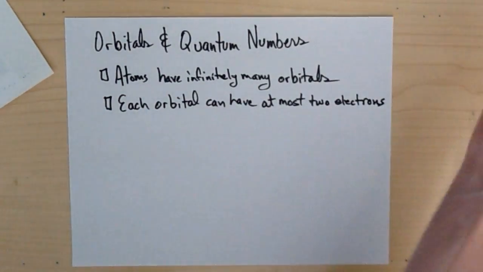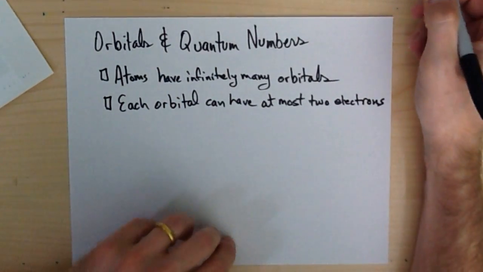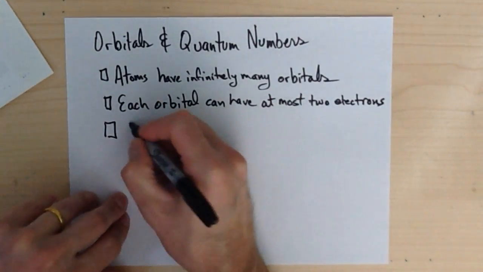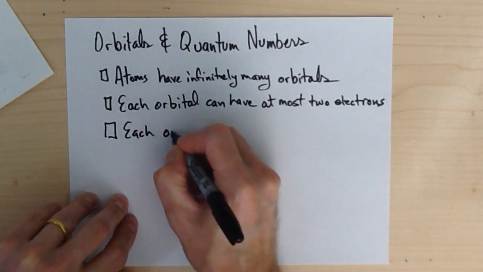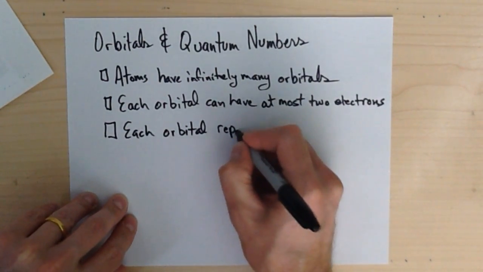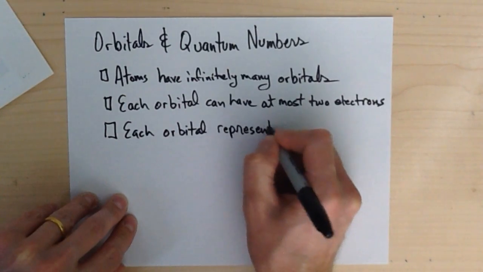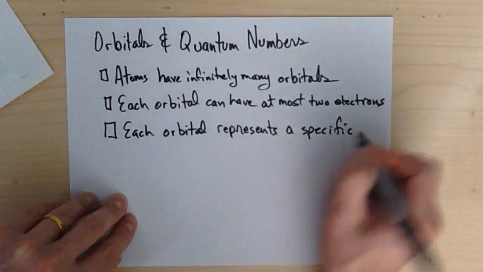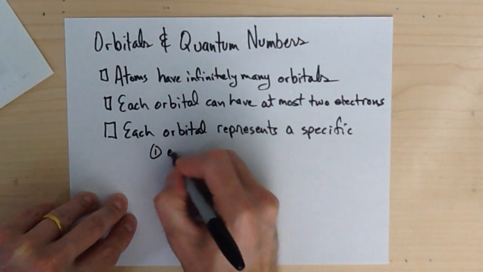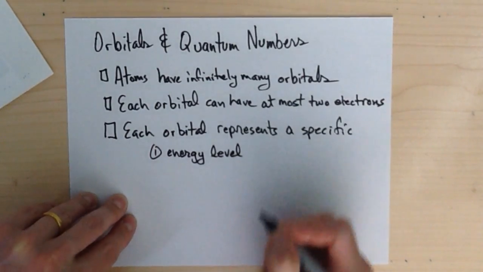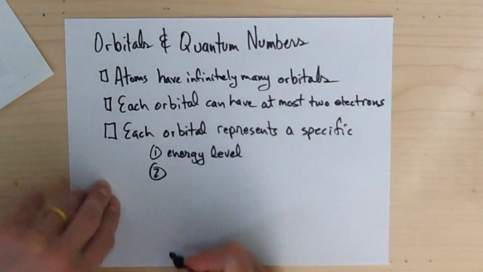Now, it doesn't have to hold 2, it can hold 1, but it can hold up to 2, that's important. And thirdly, each orbital represents a specific energy level or amount of energy, you could say.